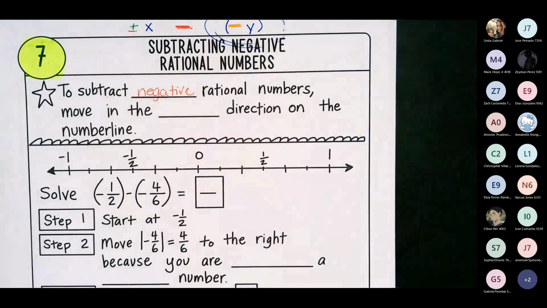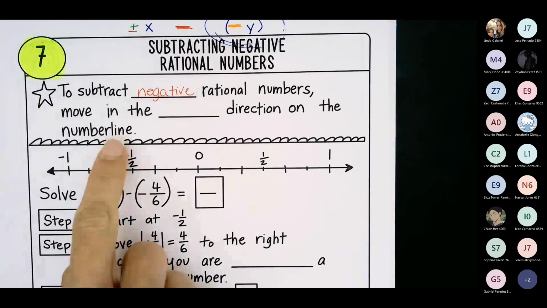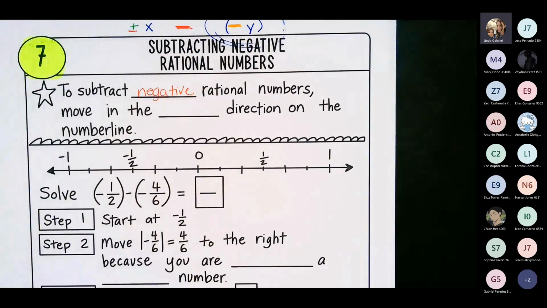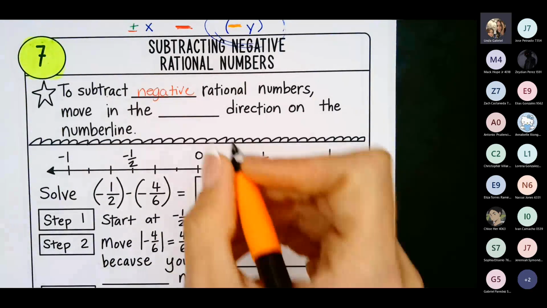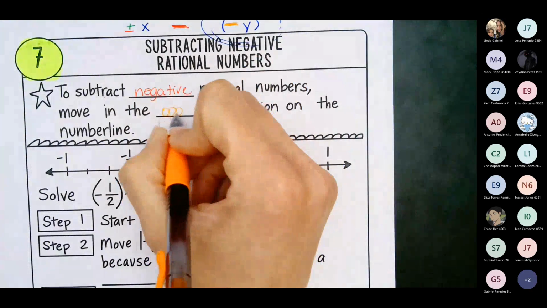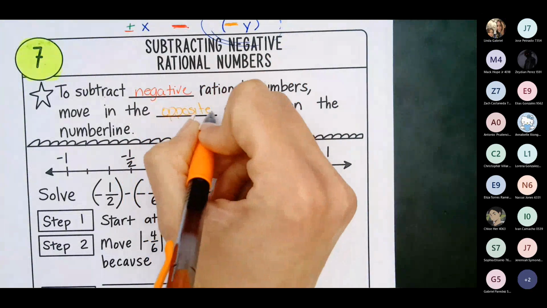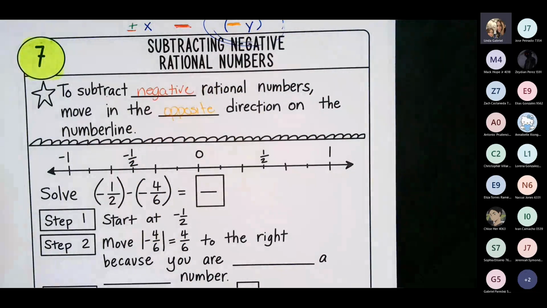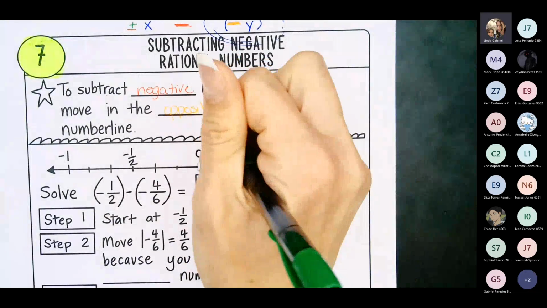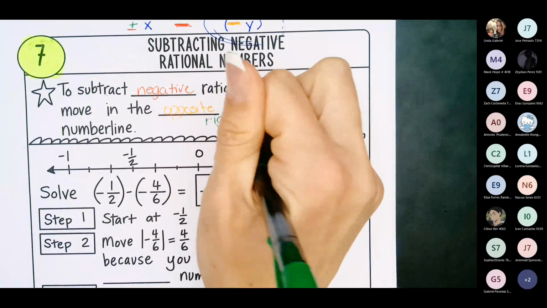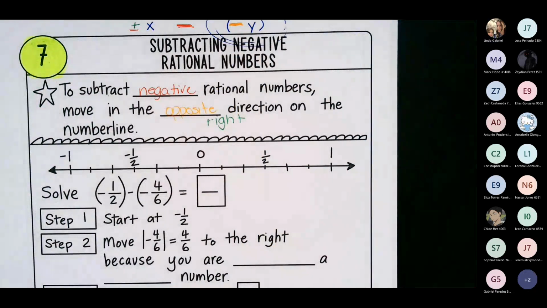Okay? Negative rational numbers are going to be kind of weird in the opposite direction on the number line. Or opposite, we can also just think of that as the right on the number line.